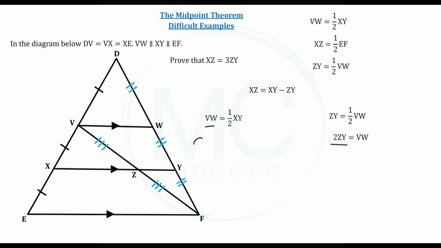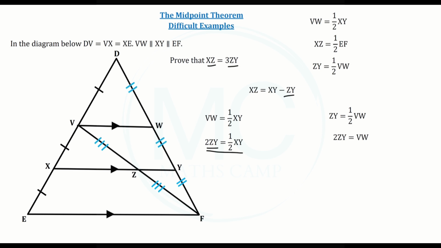So we can say, instead of VW, we're going to have 2ZY is equal to 1 over 2 XY. We're almost done.